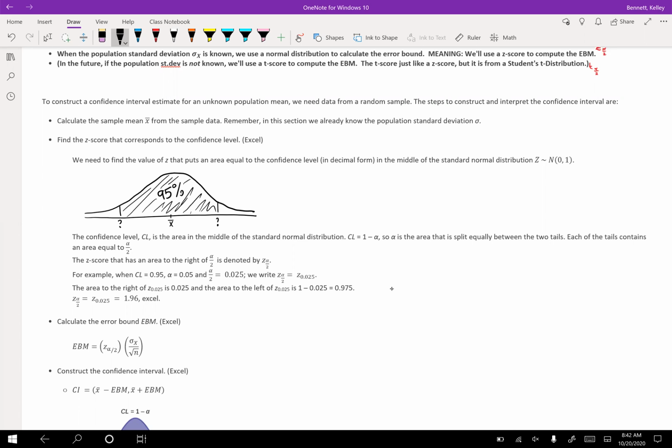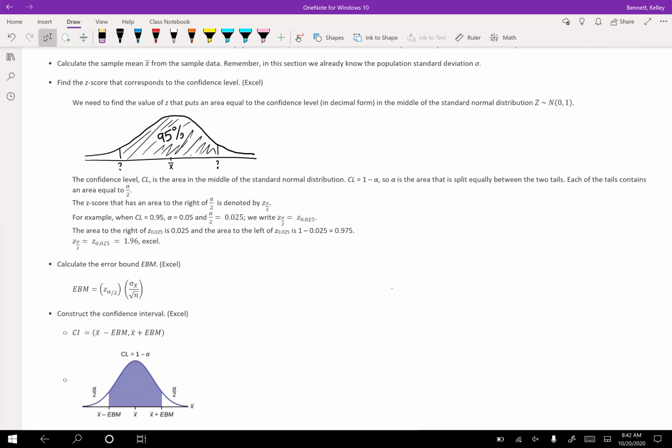That's what they're saying. We need to find the value of z that puts an area equal to the confidence level in the middle of the standard normal distribution 0, 1. So basically, what you're saying is that we need to find the z-score associated to X bar.